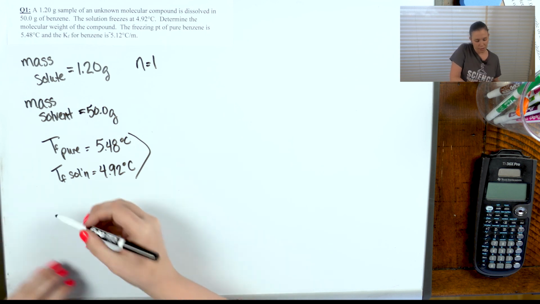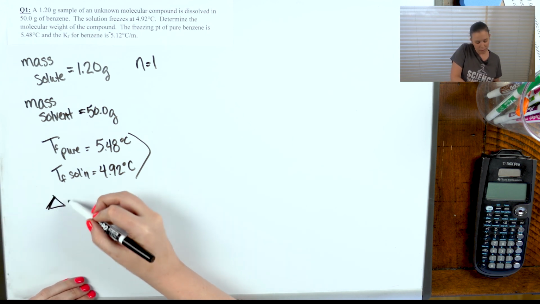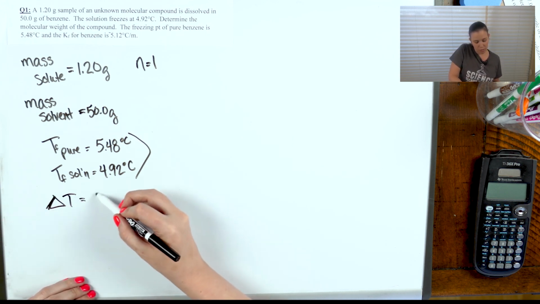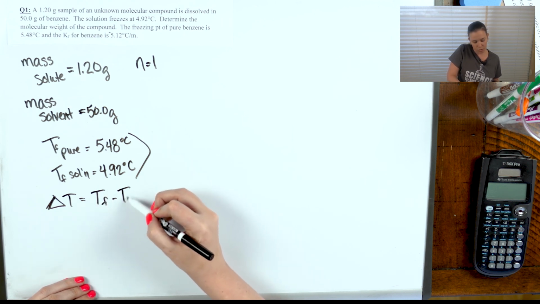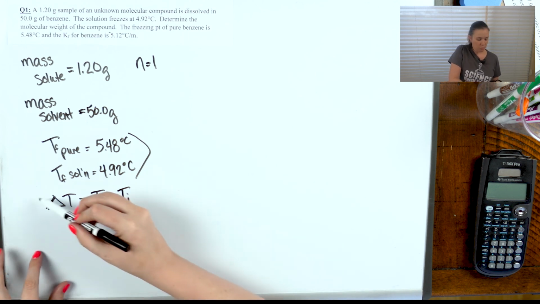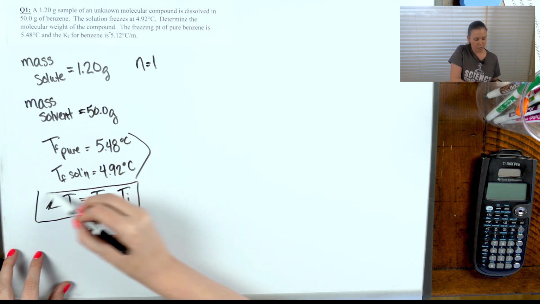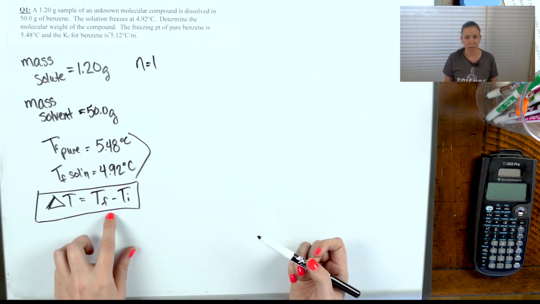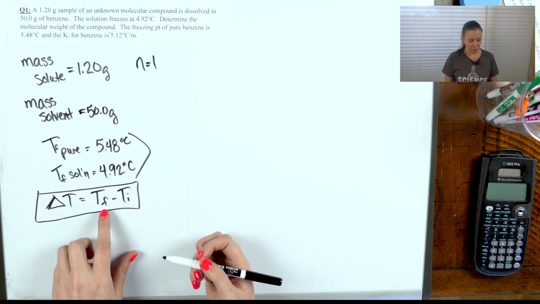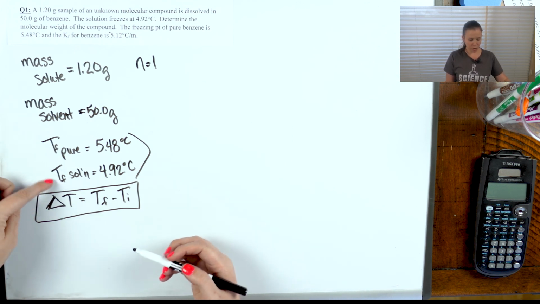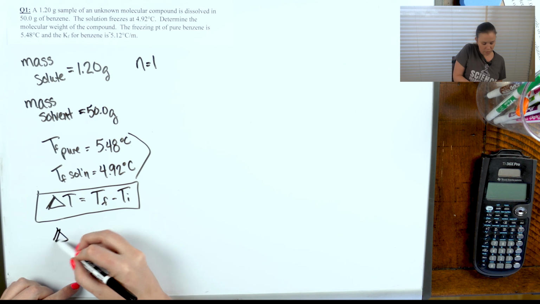So let's do this one with correct signs. Delta T is always going to be equal to the final temperature minus the initial temperature. So that's pretty much a formula there for you. Whenever you're finding delta in chemistry, it's usually final minus initial. So you've got the final temperature of what the solution ended up as.